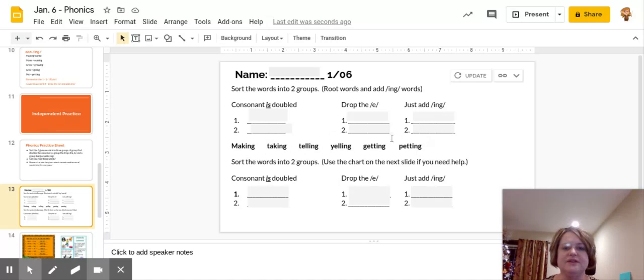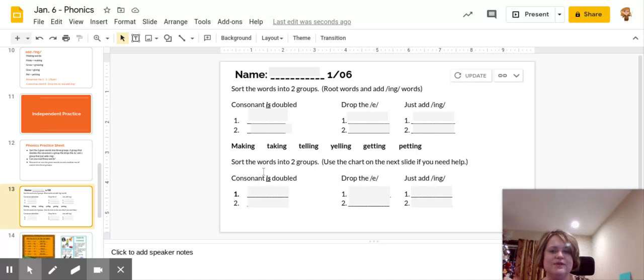You're going to sort these into 3 groups. You're going to sort a consonant is doubled. You're going to be able to see that. Be careful on that, but make sure your consonant is doubled. Drop the E and add ing, or just use the root word and add ing. I don't drop anything and I'm not adding anything. So fill those in using your given words.